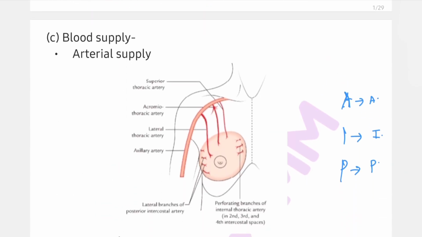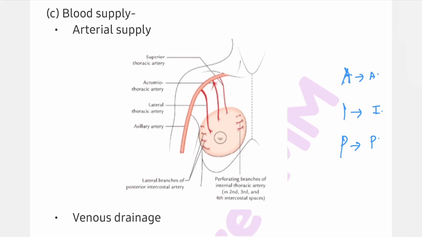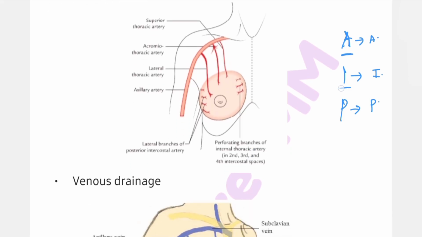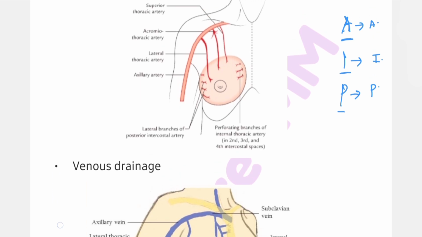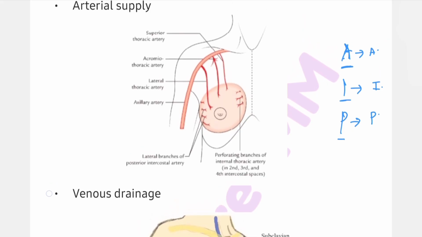So let's look. We have a mnemonic AIP. A stands for axillary artery, I stands for internal mammary artery, P stands for posterior intercostal artery. Whenever you are writing venous drainage, just write axillary vein, internal mammary vein and posterior intercostal vein. So remember this mnemonic, it is very useful.